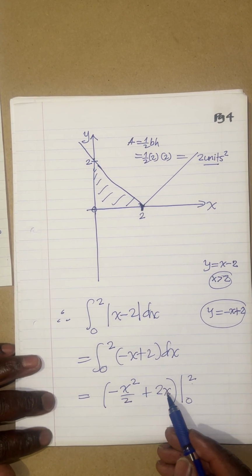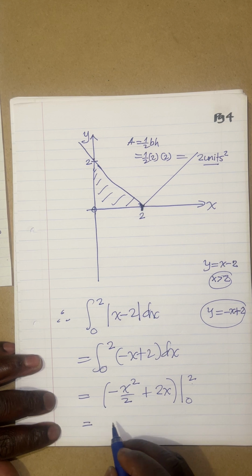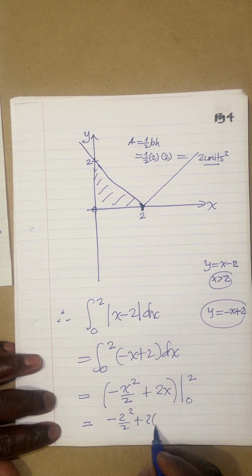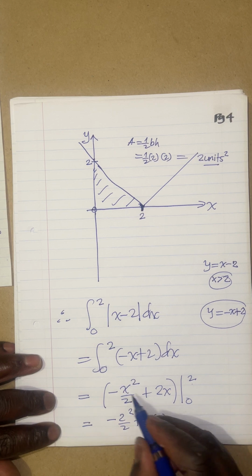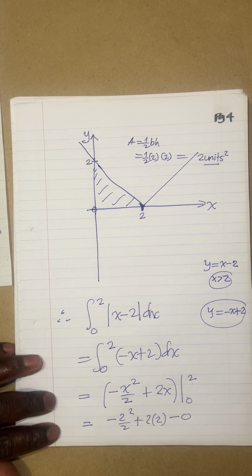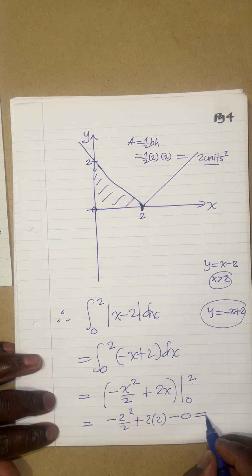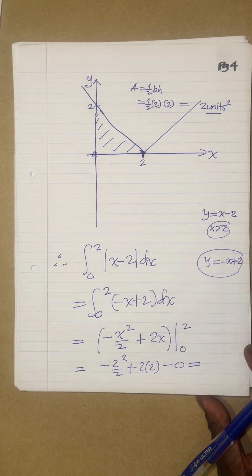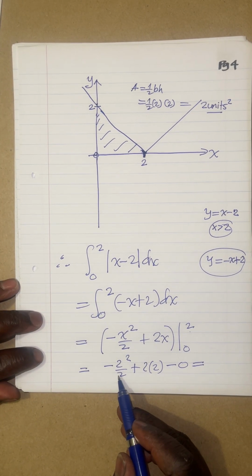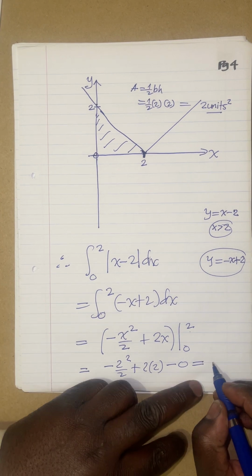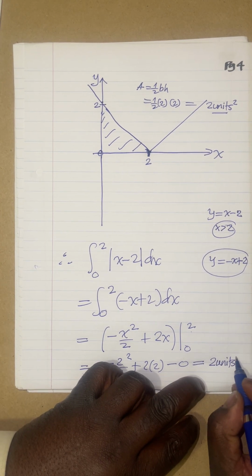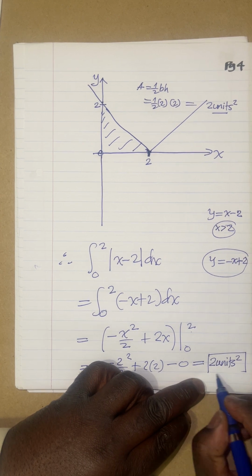Punching in 2, you agree with me that the answer is going to be minus 2 squared over 2 plus 2 times 2. If you punch in 0, the answer will be 0. What does this simplify to? It simplifies to minus 2 plus 4. The answer is 2. And because we're dealing with area, it has to be in square units.